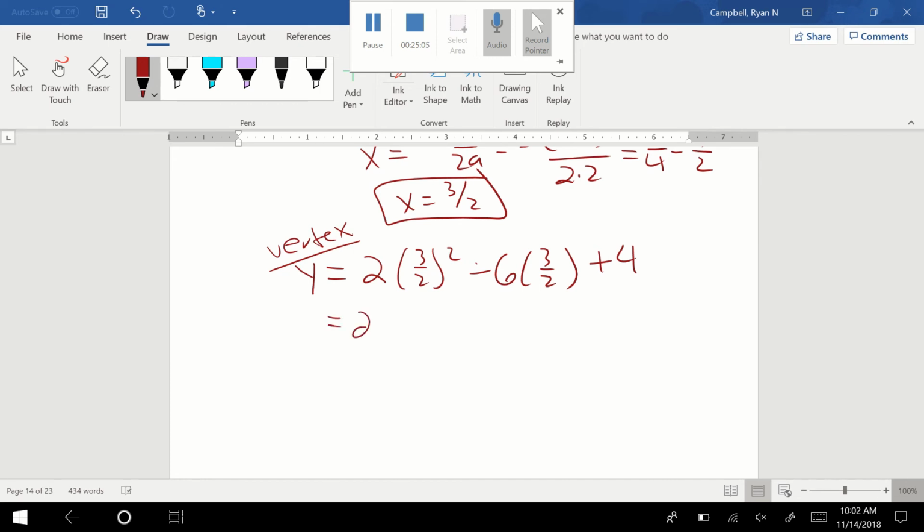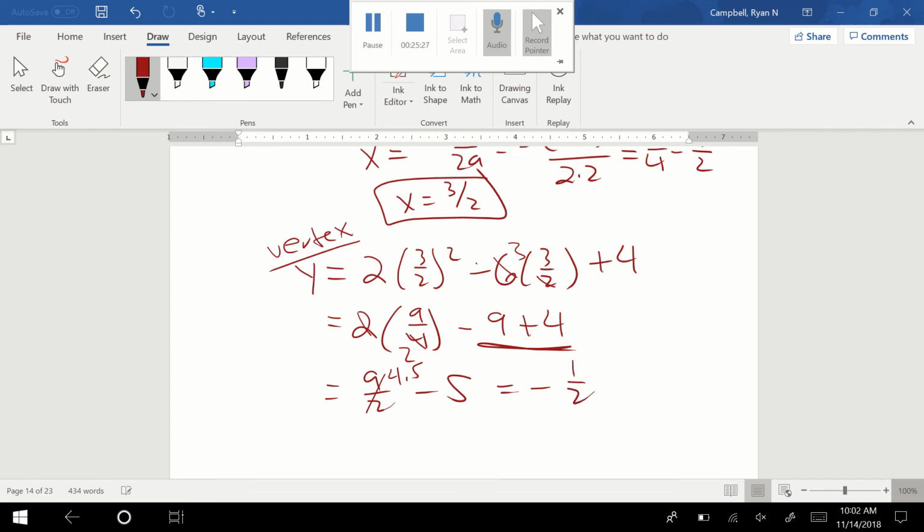So we get 2 times 9/4 minus, so 6 divided by 2 is 3, 3 times 3 is 9, and then 4 divided by 2 is 2. So we get 9 halves minus 5. Remember, 9 halves is 4 and a half. So that's just negative 1/2.